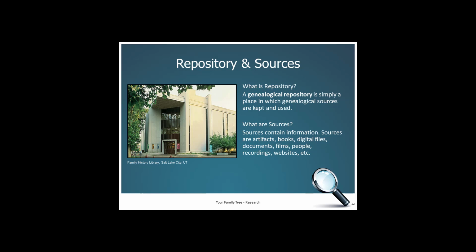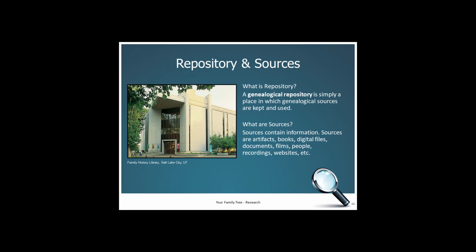Step 3. To begin step 3, we need to understand what is a repository and what are sources. A genealogical repository is simply a place in which genealogical sources are kept and used. What are sources? Sources contain information.